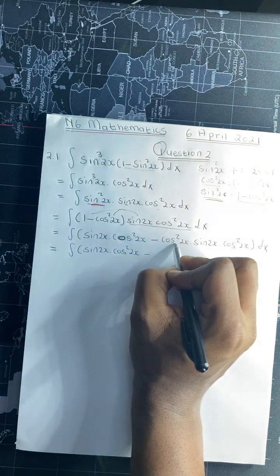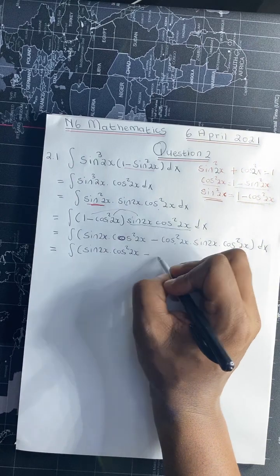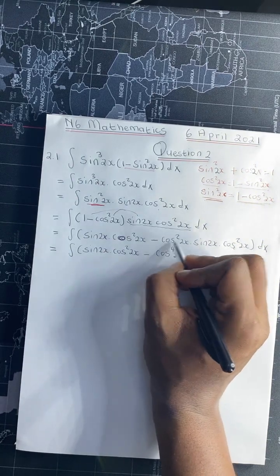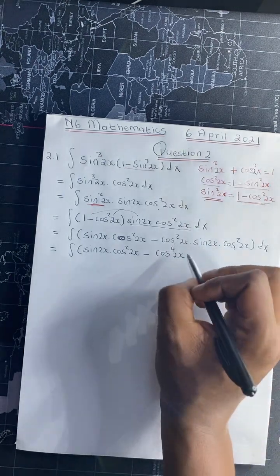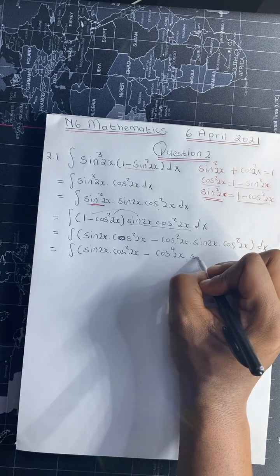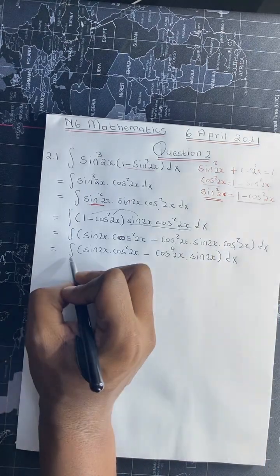So the cos squared 2x multiplied by the cos squared 2x will be equals to cos to the power 4 2x. So the bases are the same, we add the exponents. Cos to the power 4 2x multiplied by sine 2x dx.